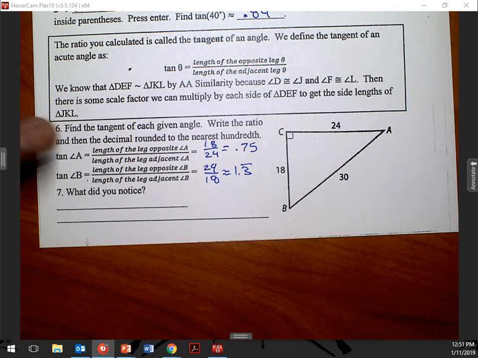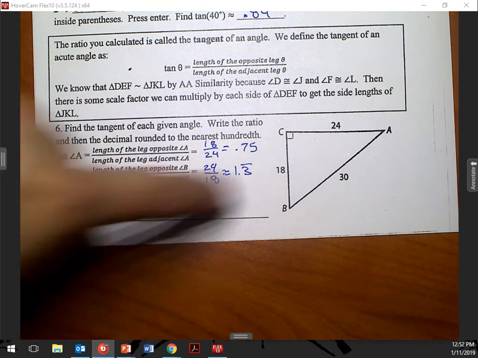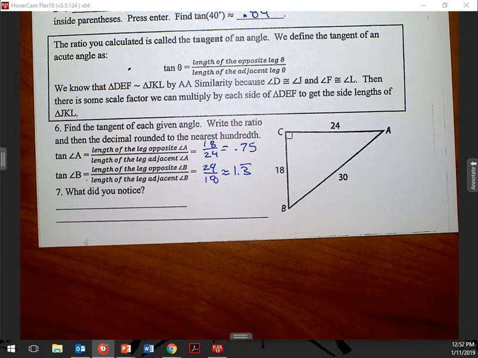What do we notice? It's not the same from the different reference angles. From different reference angles, it's not going to be the same.